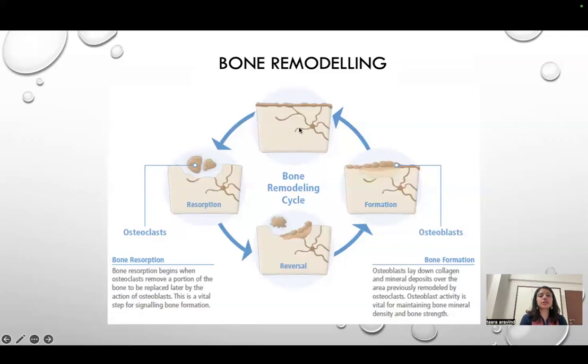In the resting phase, neither resorption nor deposition occurs. After the resting phase, the next is the resorptive phase. Osteoblasts respond to signals generated by osteocytes and recruit osteoclast precursors at the remodeling site.